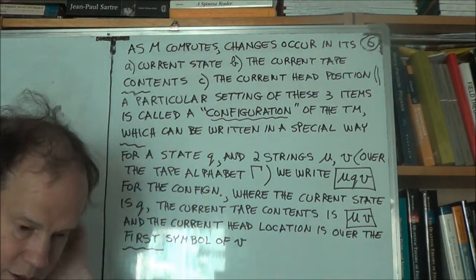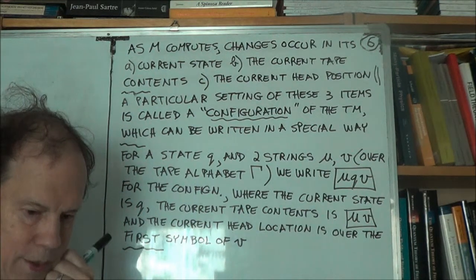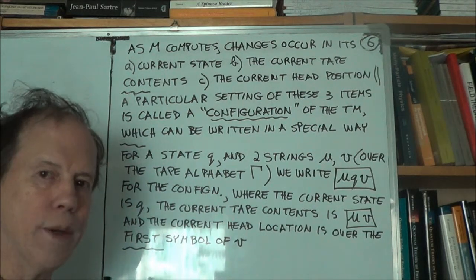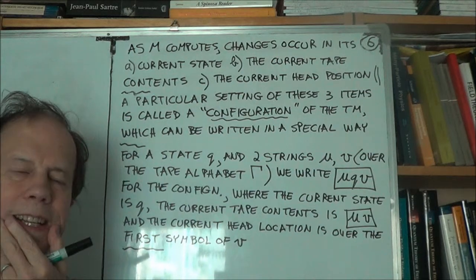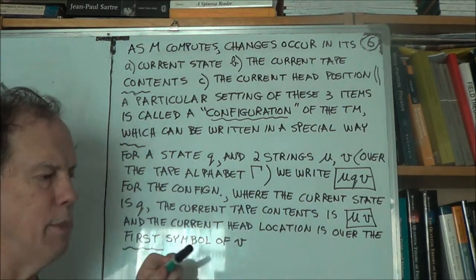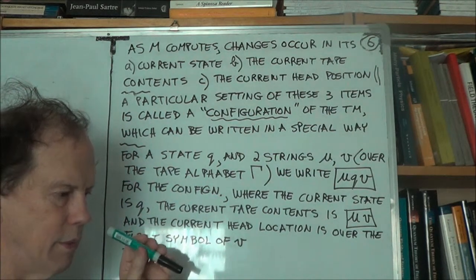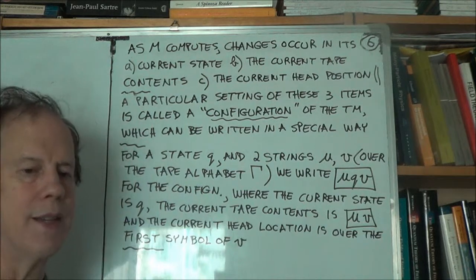The last part of this first session, the keyword is configuration. And basically what is that? Well, at any particular moment, the Turing machine executes in steps, right? It looks at its current state.